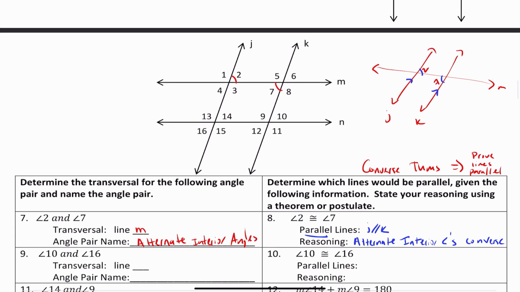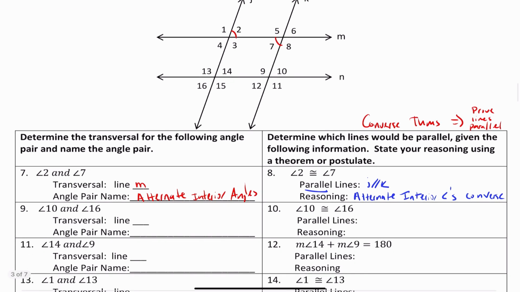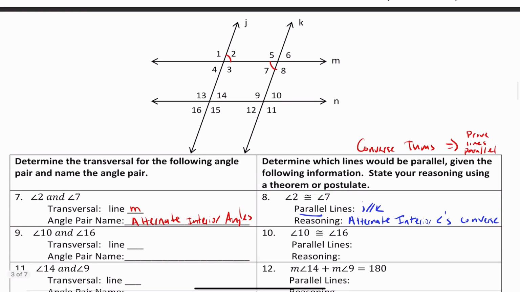Okay? So please make sure that you know the difference between the original theorems versus the converse theorems, okay? Let's go ahead and take a look at number 9, 10, and 16.